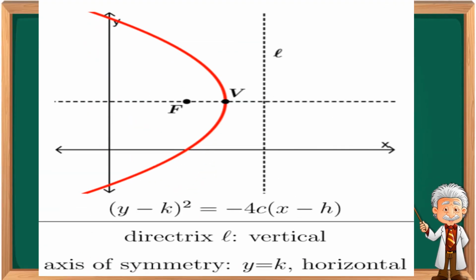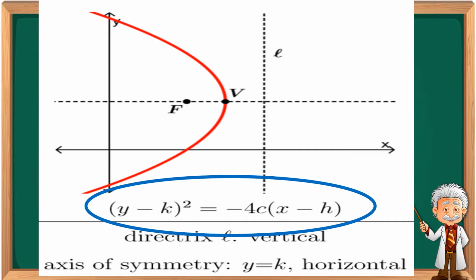Now, for our parabola facing to the left, we have this standard equation. Tatandaan yung mga standard equation because it will help you to solve later. The quantity y minus k squared is equal to negative 4c times x minus h.